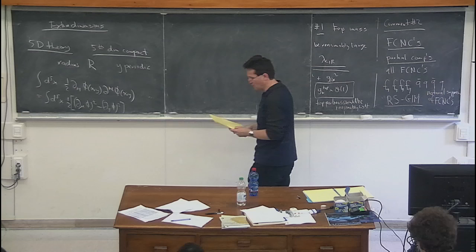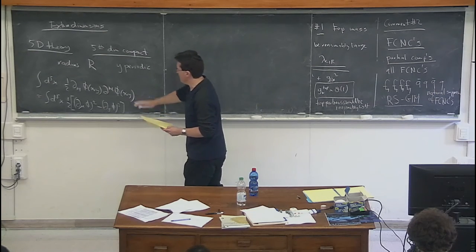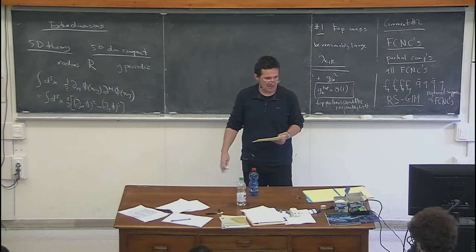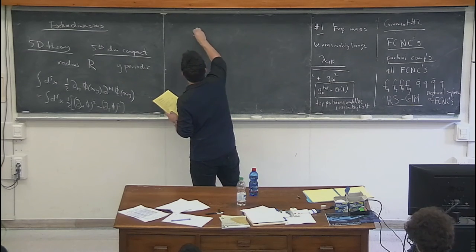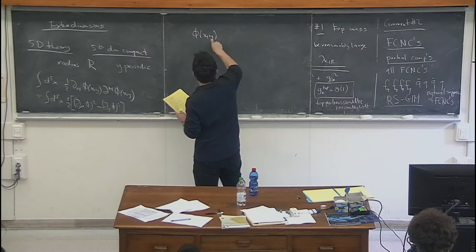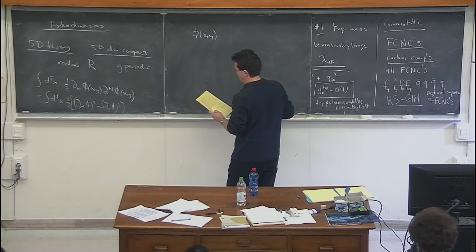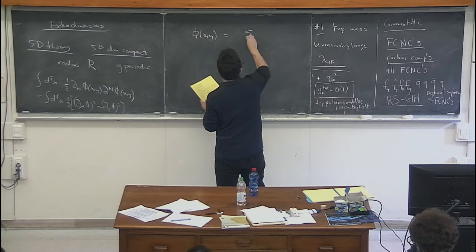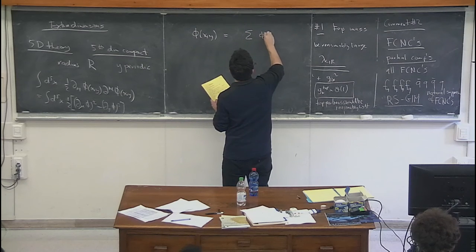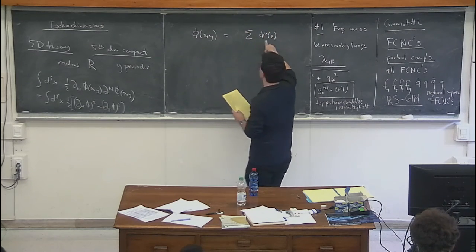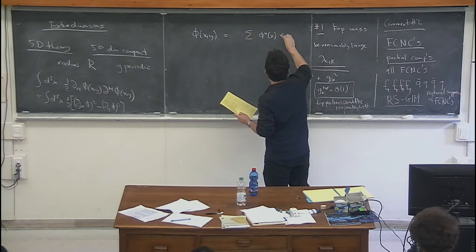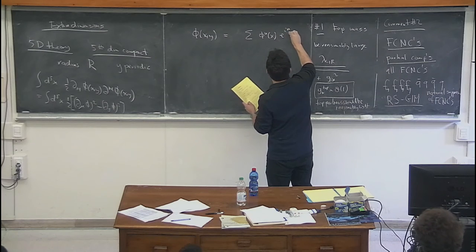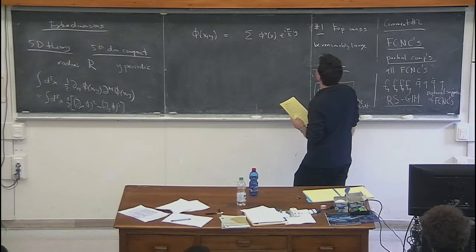So in that case, I can write the dependence along the extra dimension in terms of a Fourier series. If y is periodic, I can expand the dependence on the fifth coordinate in a Fourier series. So I can write that there is a φ_n(x). This would be the Fourier expansion coefficient of the nth Fourier mode, times e^{i n y / r}.